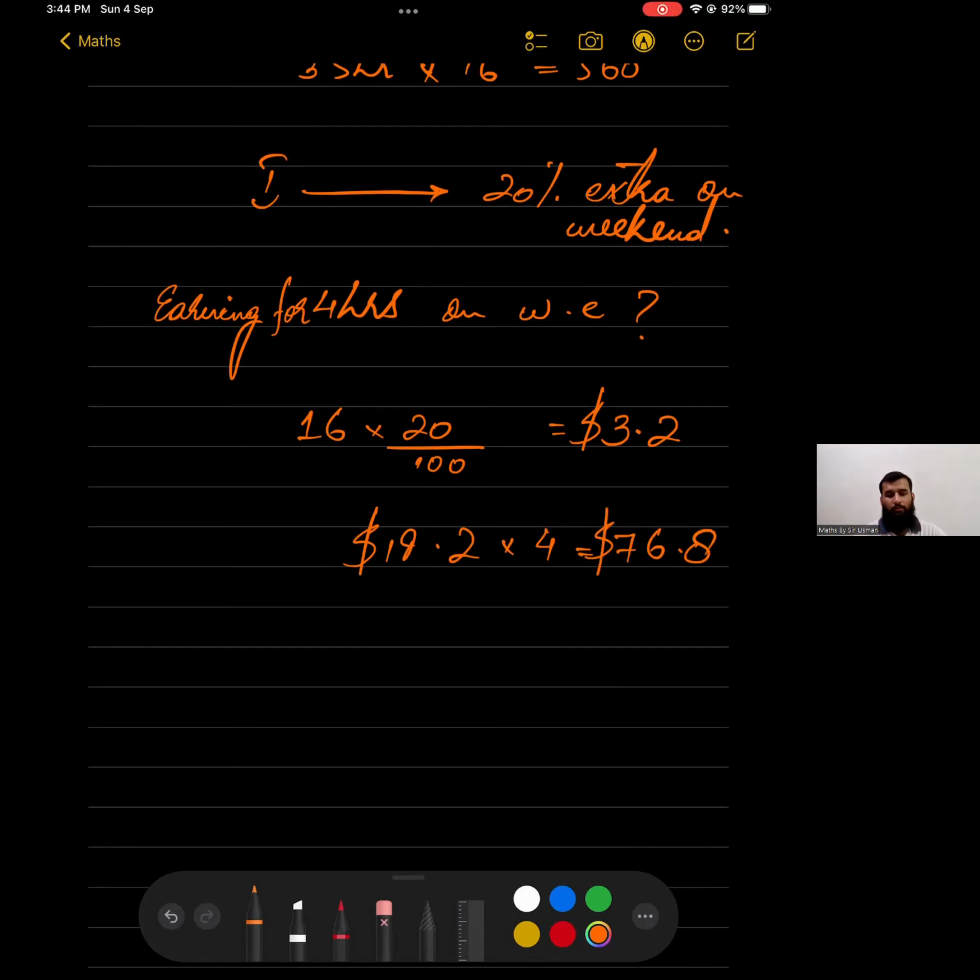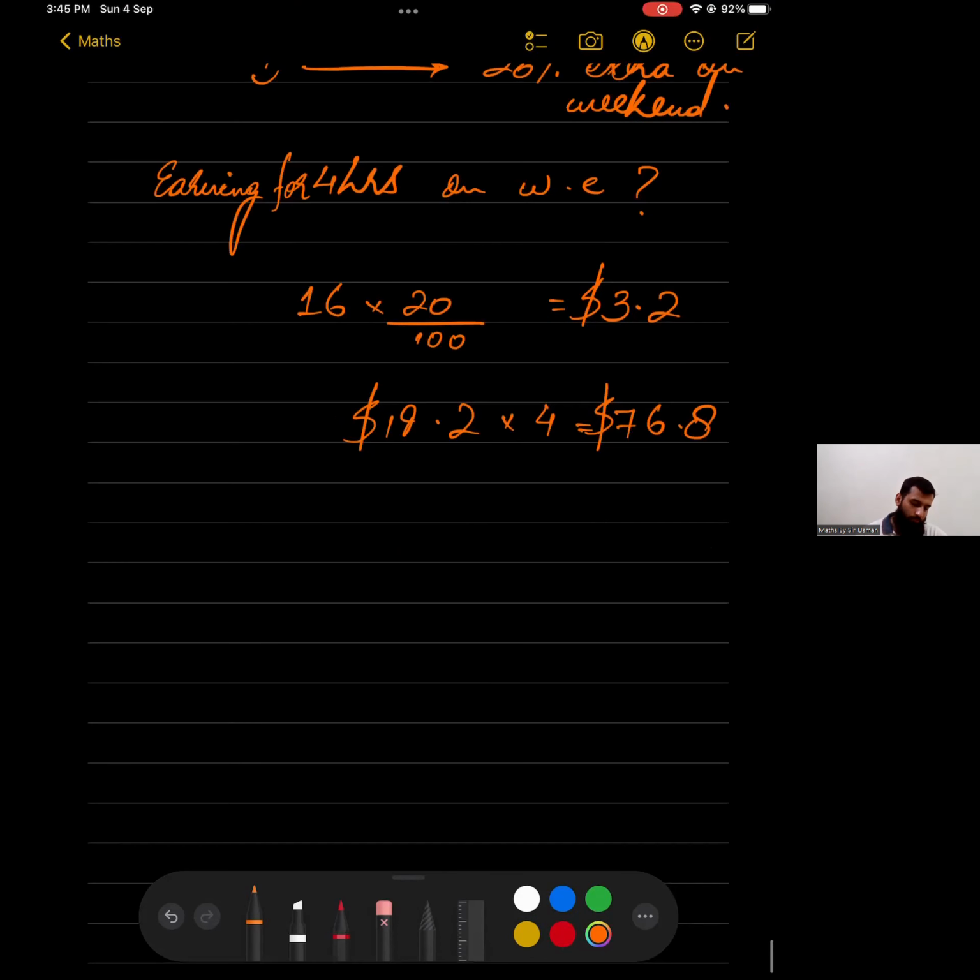Now, moving forward, onto the last part, they are saying the exchange rate between pounds and dollars is 1:1.8. Okay, I guess this would be pretty easy. You must have done it, but still I'll just give you an idea. 1 pound is $1.8.